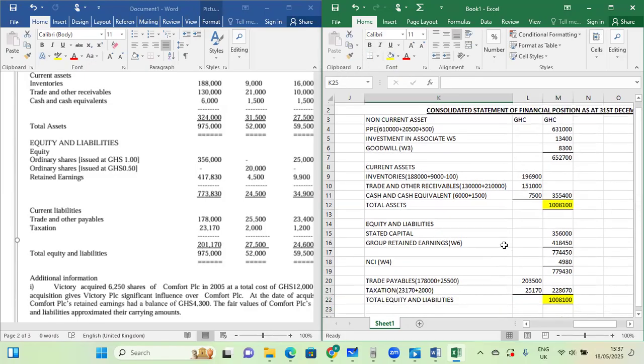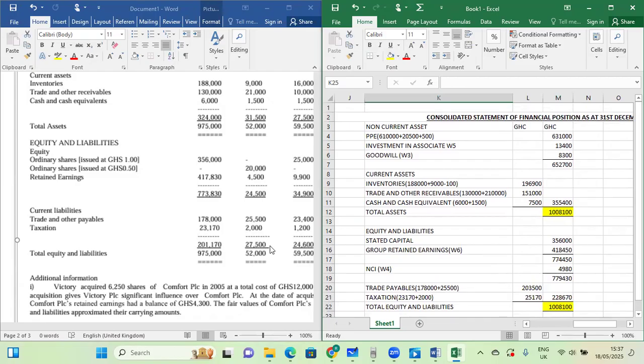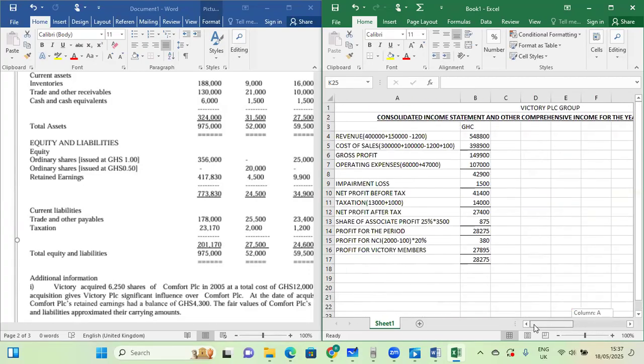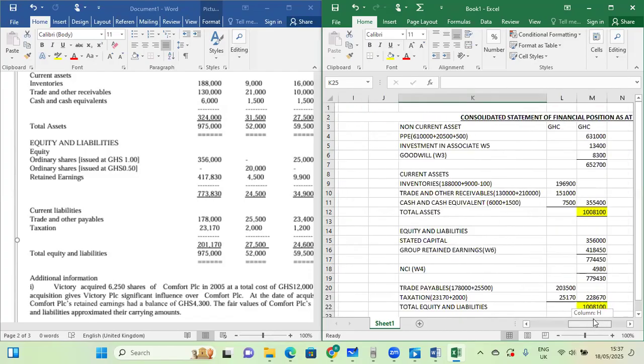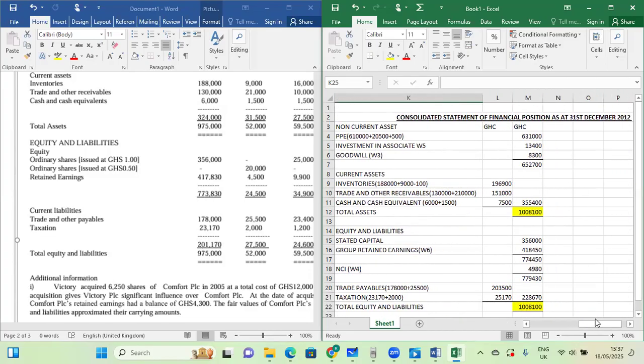Right. So this is it up to this point. If you have any question, you can drop it in the comment section, and then I will be there to assist as well. So you see, even without doing any working, you can get some, like payables. It's free here. Just add them. Taxation is free here. Just add them.